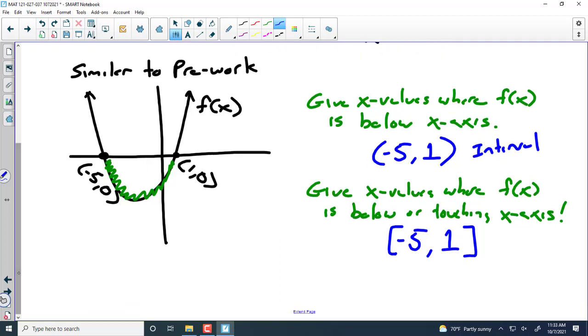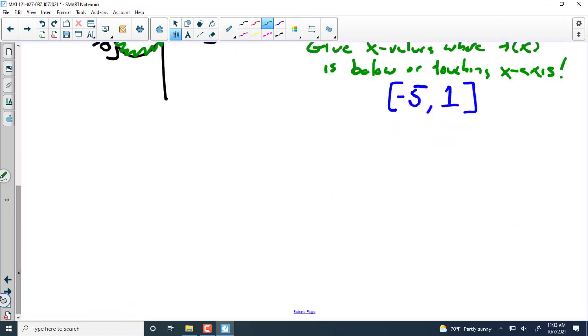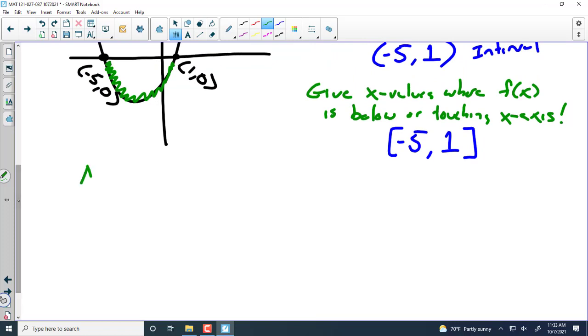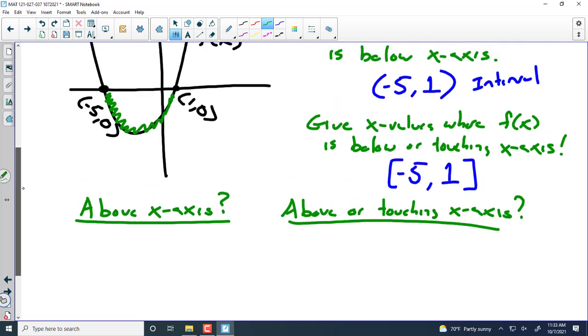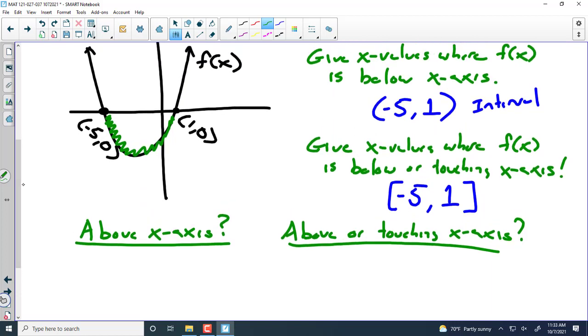The other two questions they might ask would be above the x-axis, above or touching the x-axis. If they want to know where it's above, it's a little bit more complicated than below, because I got to do this one with two different intervals, because it's got a break in the middle.